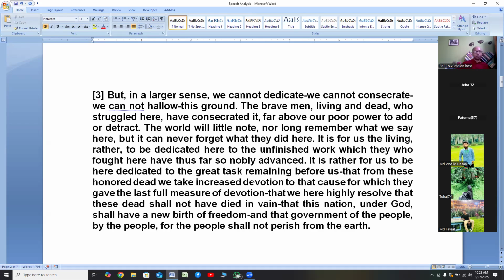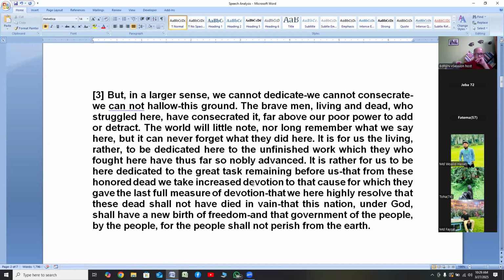The world will little note, nor long remember what we say here, but it can never forget what they did here. It is for us, the living, rather to be dedicated here to the unfinished work which they who fought here have thus far so nobly advanced.